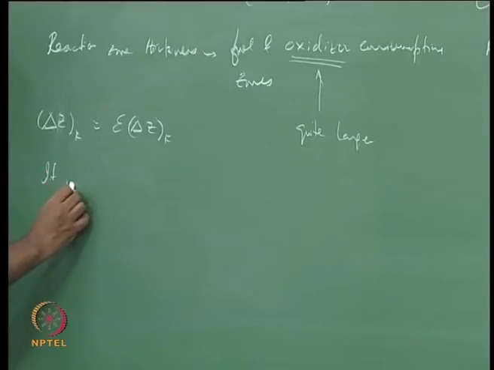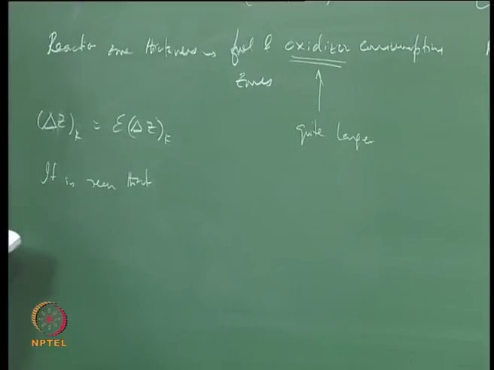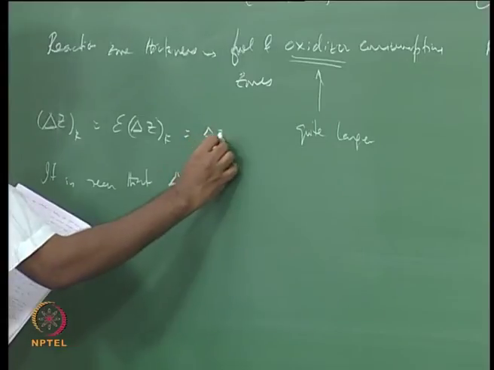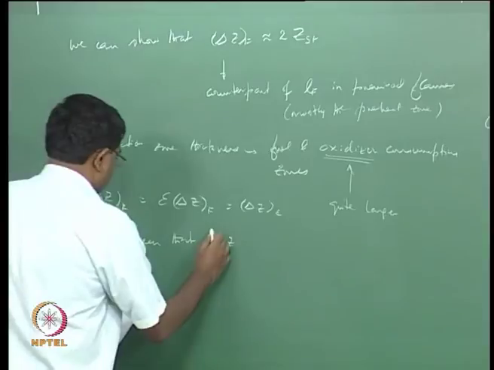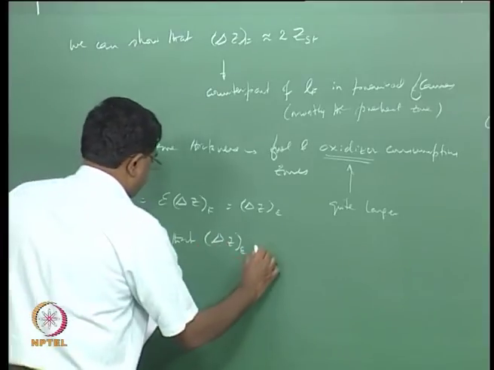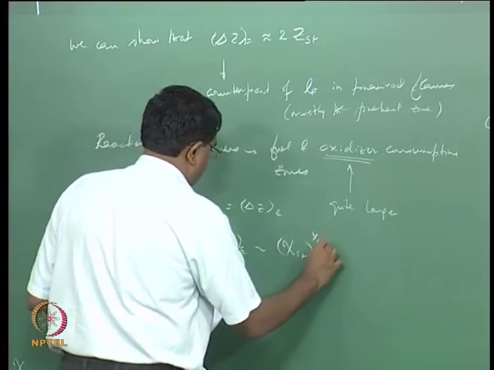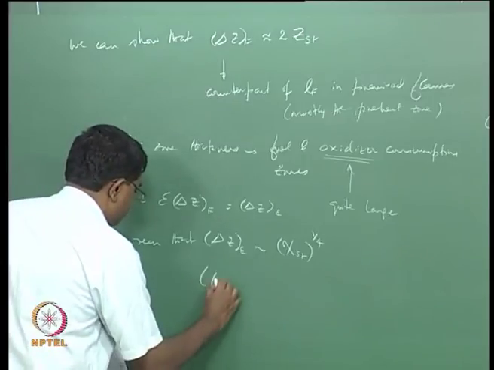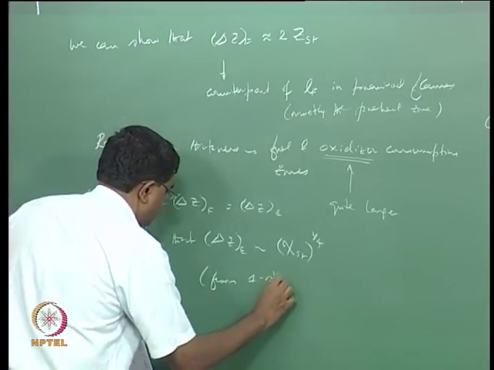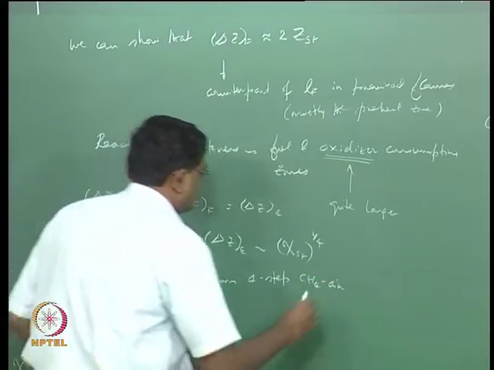So it is seen that, let's just call what we wrote here as delta Z epsilon, delta Z epsilon is going with respect to chi st to the power 1/4. This is actually from 4-step methane air chemistry calculation.